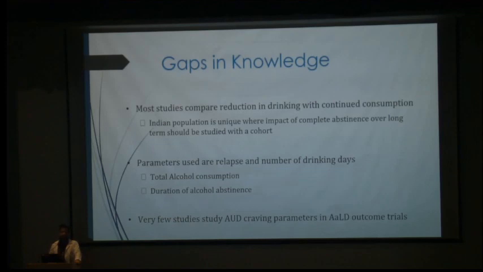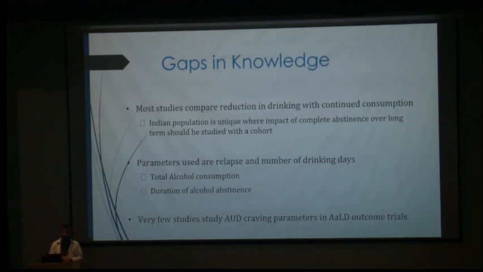The Indian population is unique in that way, because in Western populations where these drugs are studied, there are people who are regularly consuming alcohol as part of their lifestyle. In fact, in India and Southeast Asian countries, we belong to a population where alcohol, in a majority of our population, almost 80 to 85% based on latest data, is not part of the lifestyle.